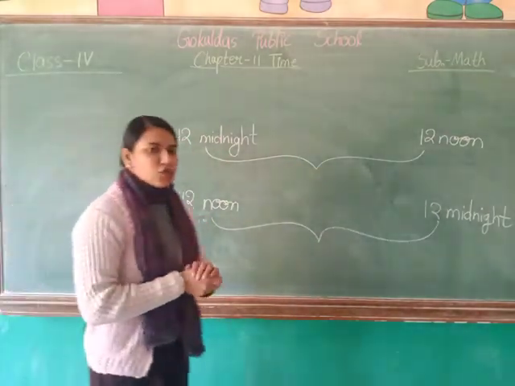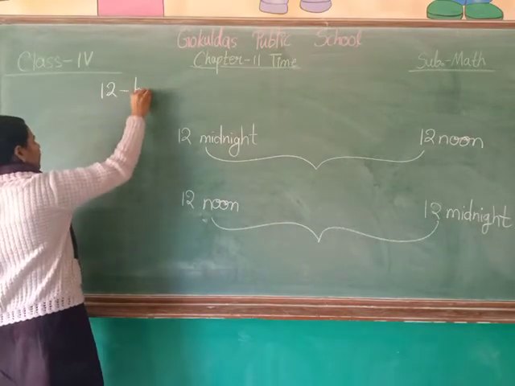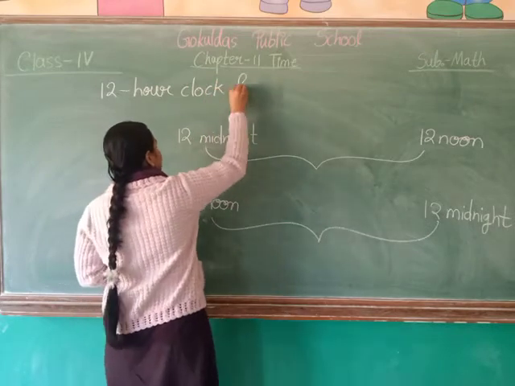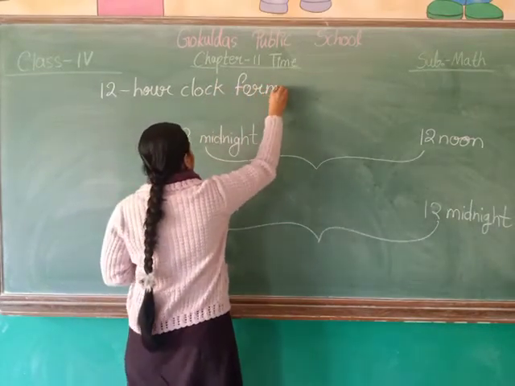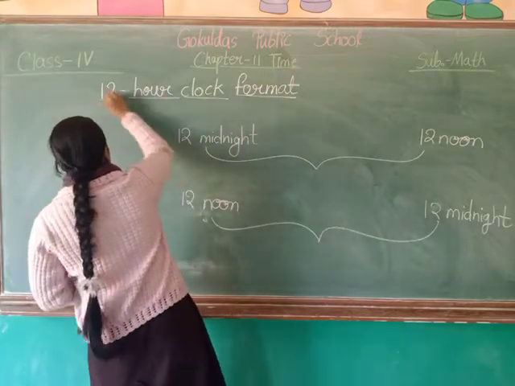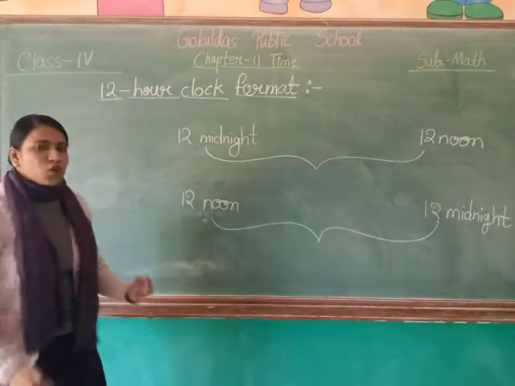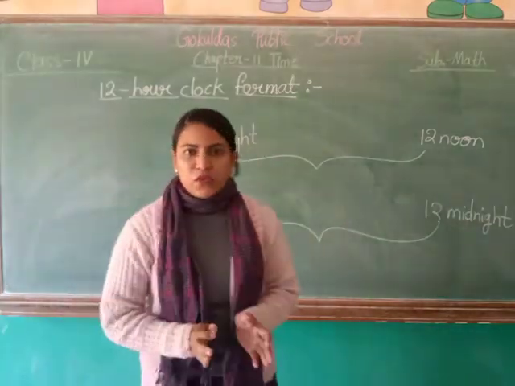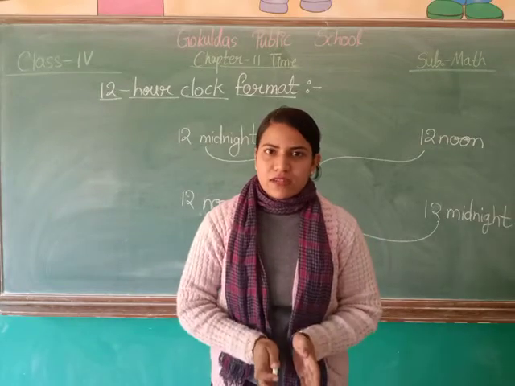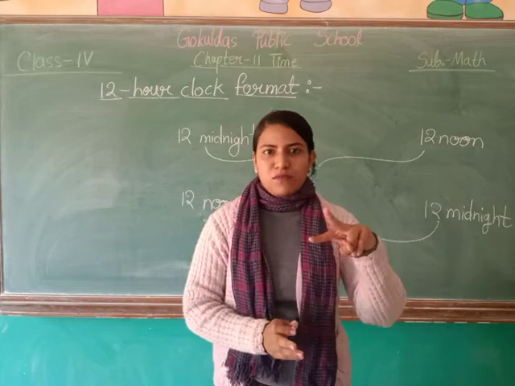Our topic is the 12-hour clock format, meaning how we represent time in the 12-hour clock format. As you know, our day consists of 24 hours, so we divide those 24 hours into two time zones.